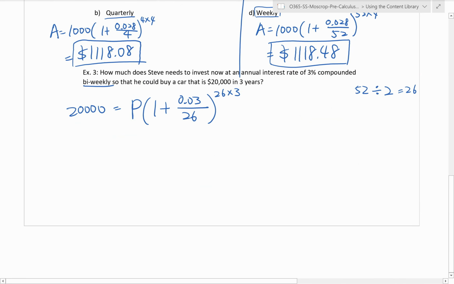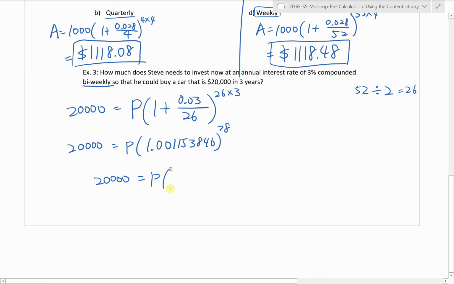So now we can solve this. That's $20,000 is equal to P times, you need to put this into your calculator, 0.03 divided by 26, and then plus 1. You should get 1.00115386 to the power of 78. I suggest you not round anything at all. So just take your answer from your calculator, use the enter button, and then raise to the power of 78.